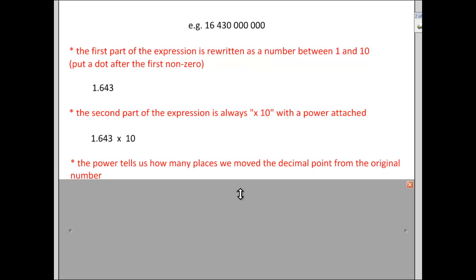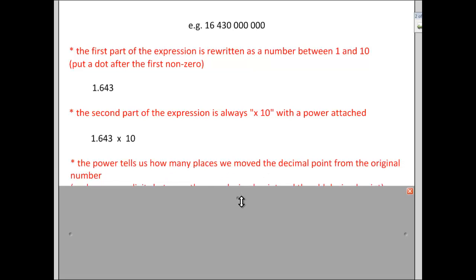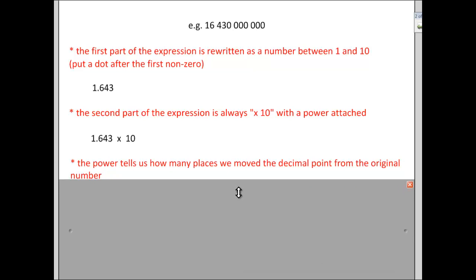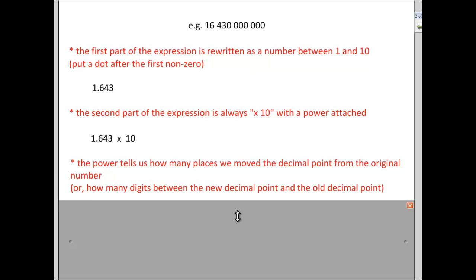Now the power is going to tell us how many places that we moved that decimal point from the original number. In the original number, the decimal point was right down here, next to the last zero. We've moved it all the way in here between the 1 and the 6. Another way of thinking about it is how many digits are there between the new decimal point and the old decimal point. So you just count those digits.